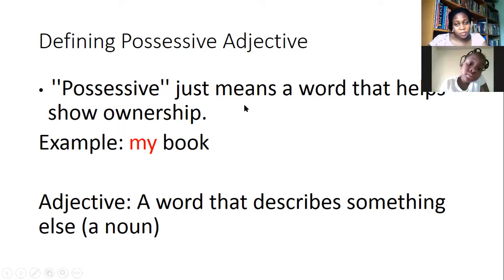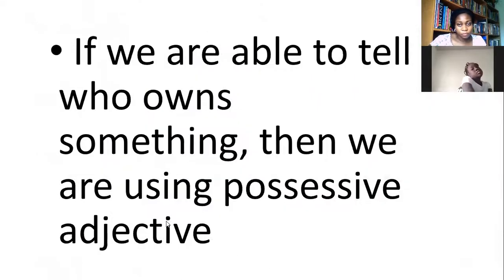So possessive shows ownership. And then adjective. Adjective is a word that describes something else, usually a noun. So an adjective describes or qualifies a noun. Lali, read.